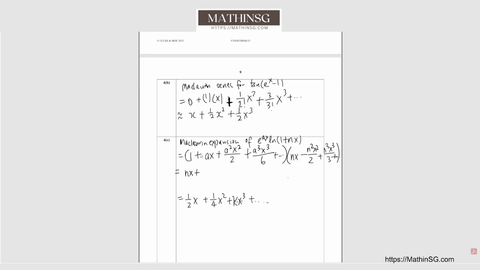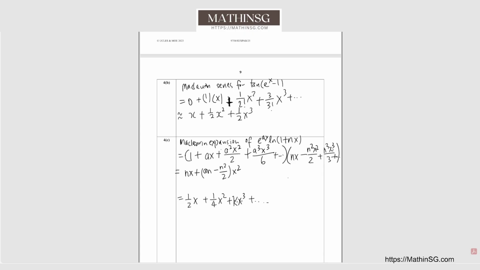When I expand this expression, I would need to take ax times nx, which gives me anx squared. And also, I take negative n squared x squared over 2 times 1. I'll put the x squared outside because both of them have x squared.